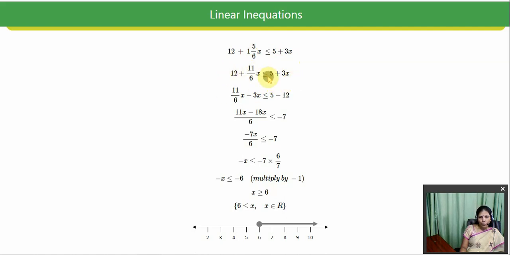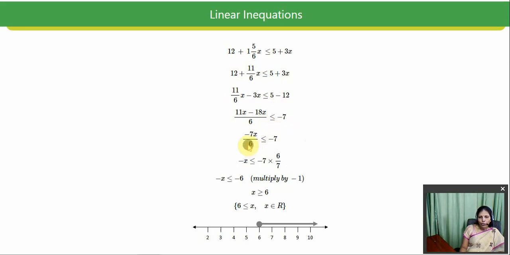Here I am bringing all the variables to one side and the numbers to the other side. So 11 by 6x, this 3x when it comes to this side becomes minus 3x, less than or equal to 5, and 12 becomes minus 12. Here I am combining both, subtracting this. How will I subtract? The common multiple is 6. So 11x minus 18x divided by 6 is less than or equal to minus 7.